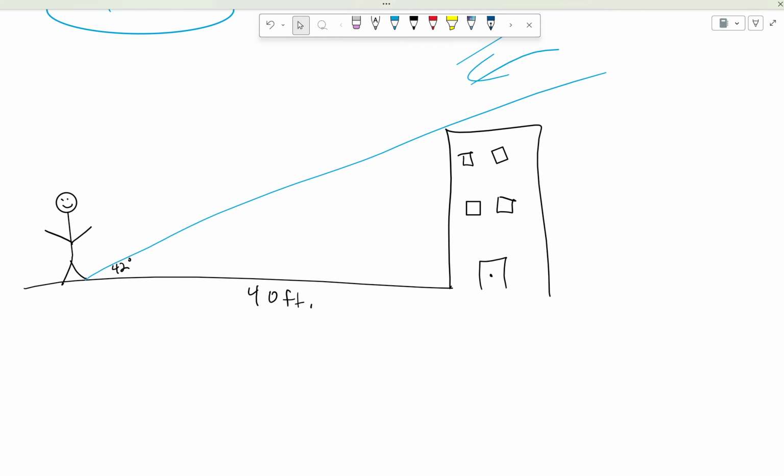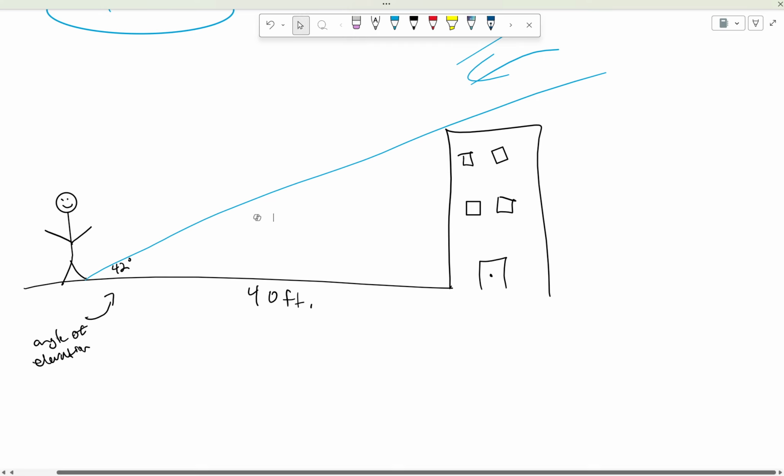That's where I've got the shadow cast. And this is what's called an angle of elevation, obviously an elevation because it's going up. So I have this angle of elevation.